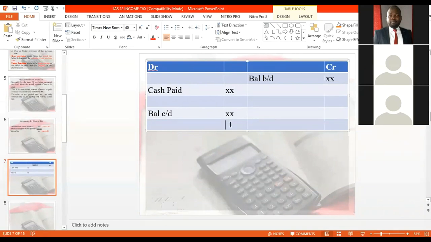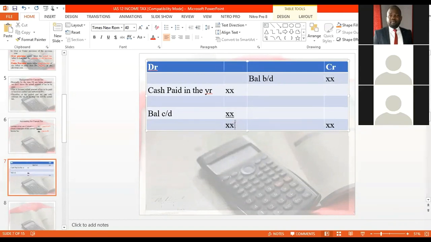Now, of course, you get the totals on each side. The total on the debit side will automatically be more than the total on the credit side. If you compare the cash paid during the year, closing balance and opening balance, this side should be more than that side.